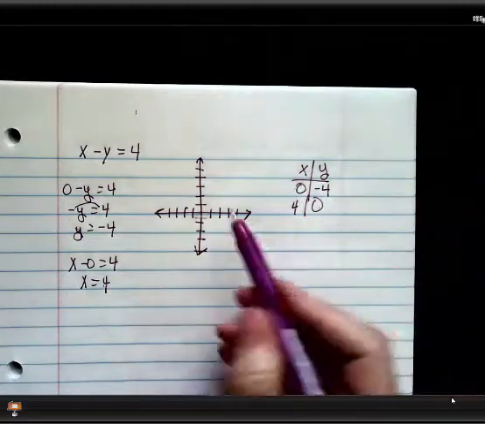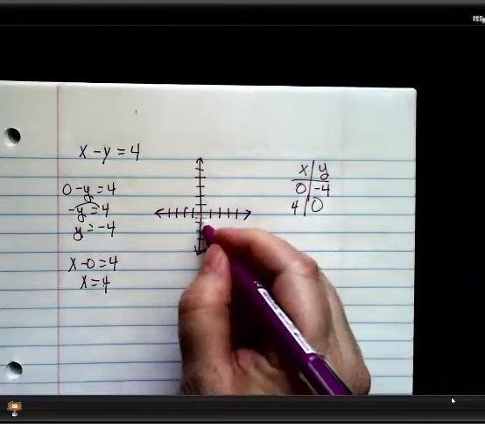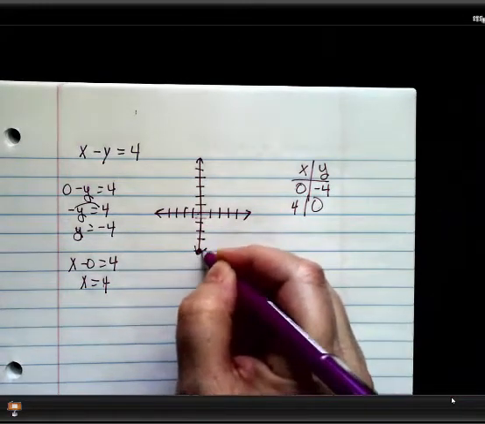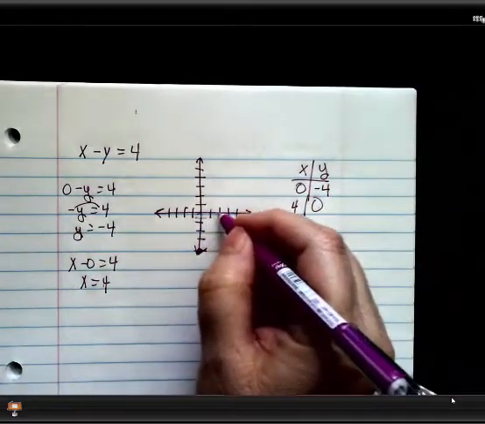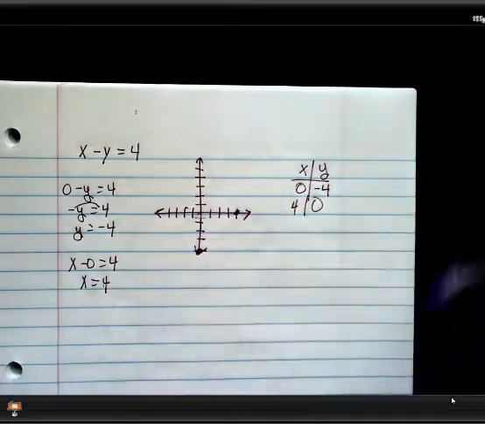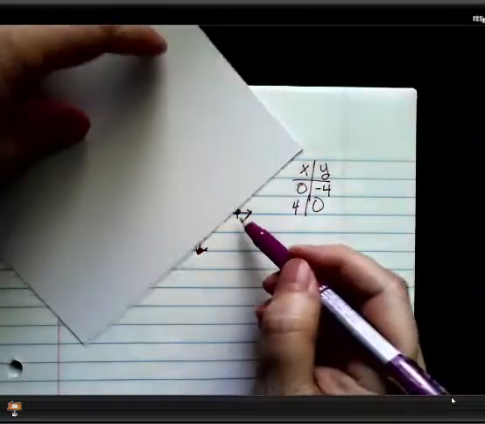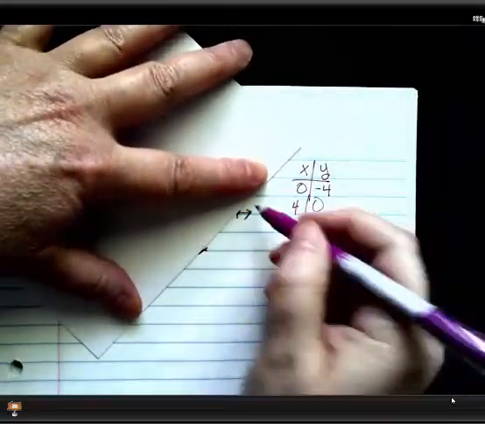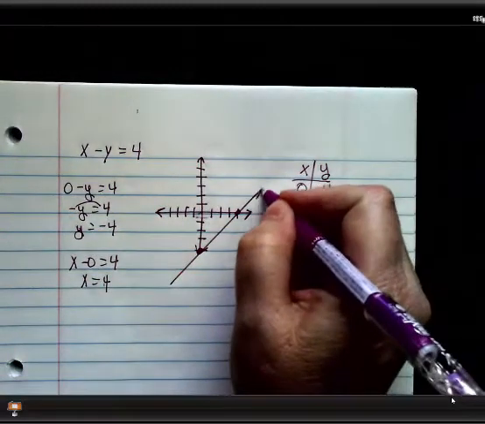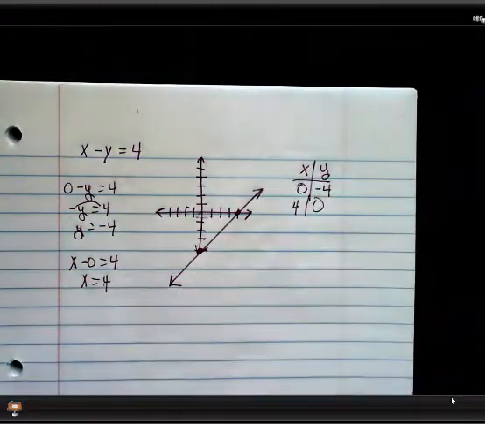I plot both points. 0, negative 4, 1, 2, 3 is here, and 4, 0, 1, 2, 3 is there. Then on your graphing tool, this would already be done. I don't have that right here, so I would use cardstock or a ruler to make my line.